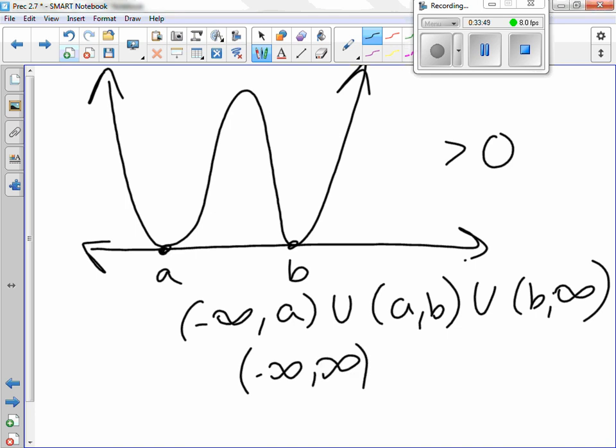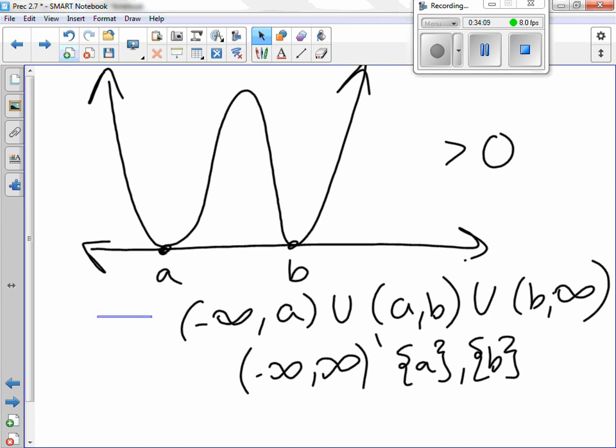Some might say this here. Or they might combine those as A, comma, B. Essentially what that's saying is all real numbers except A and B, except these numbers here. So it's some of the shorthand. But again, most high school level stuff would be the top one.